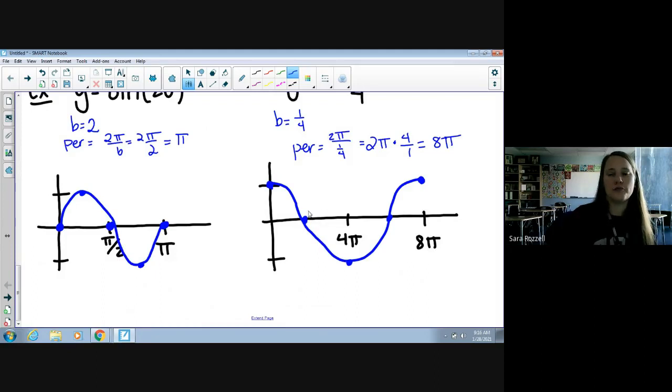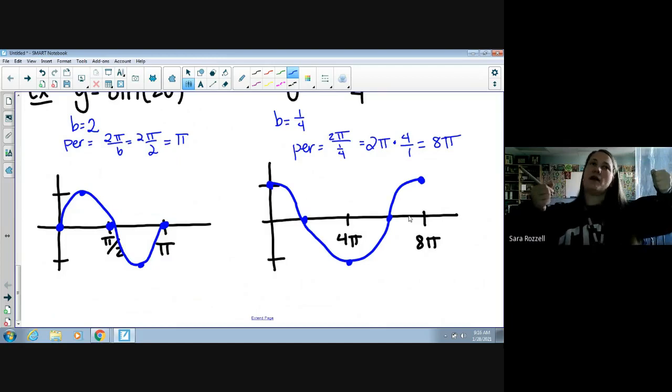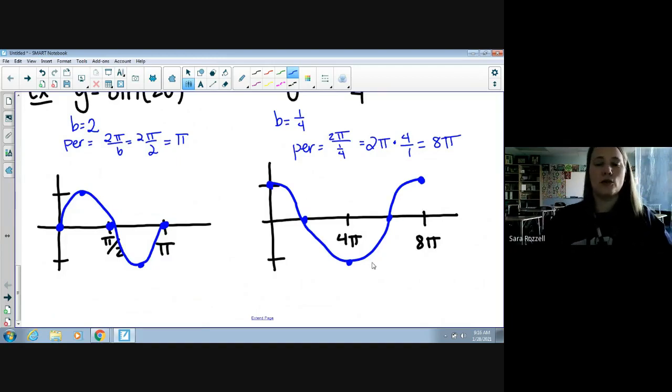So now instead of being done by 2 pi, this is what a normal cosine would be, done at 2 pi. We've stretched it out to an entire 8 pi. So that would be a horizontal stretch, or a period of 8 pi is another way to say that. Okay, so 2 pi over b gives you your period. It tells you where we start and where we end.